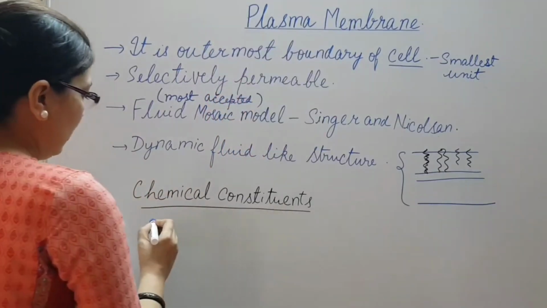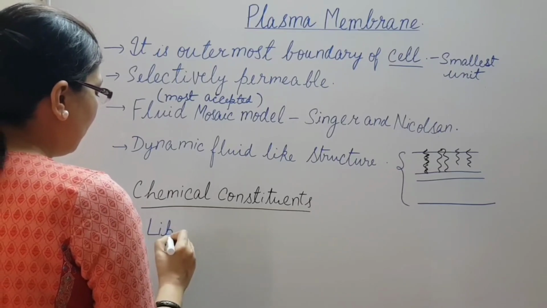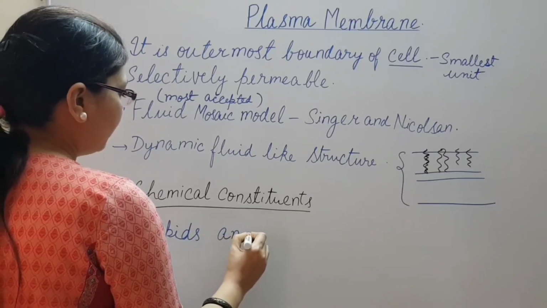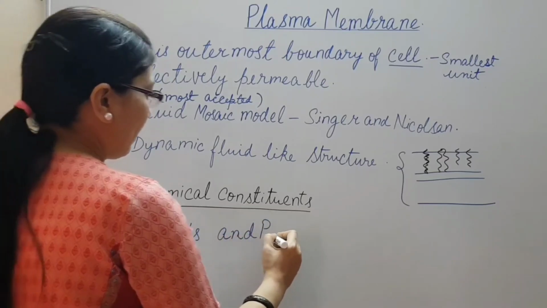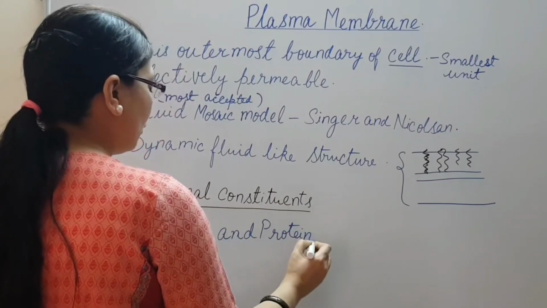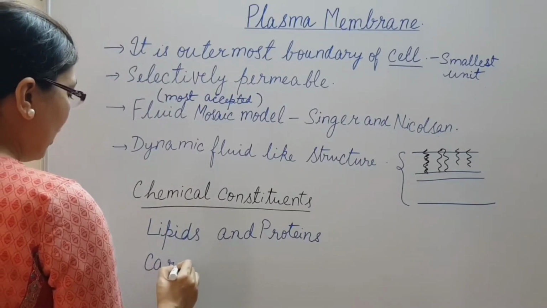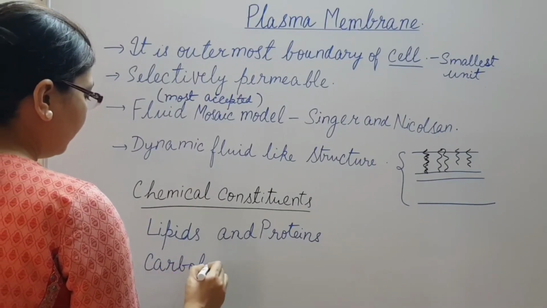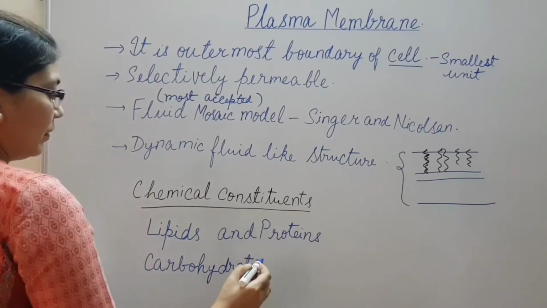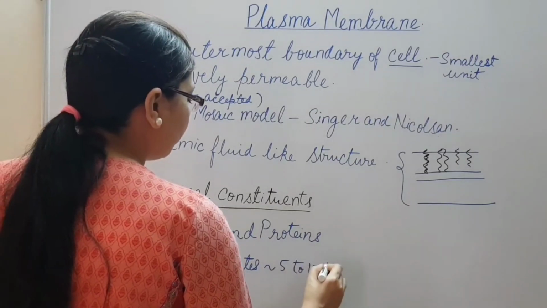Chemical constituents. Plasma membrane is basically composed of lipids and proteins. In addition to lipids and proteins, it also contains carbohydrate in small amount, that is approximately 5 to 10%.